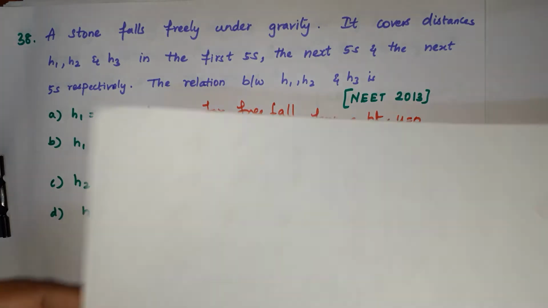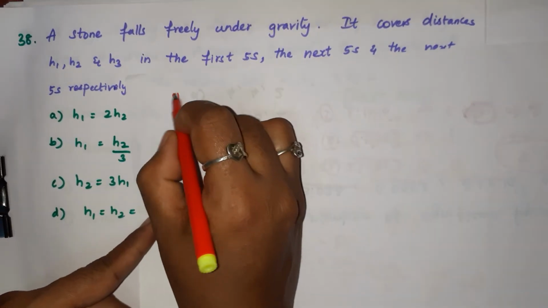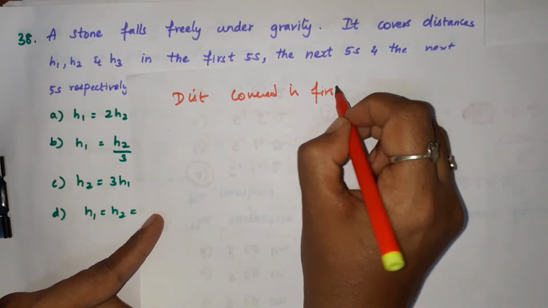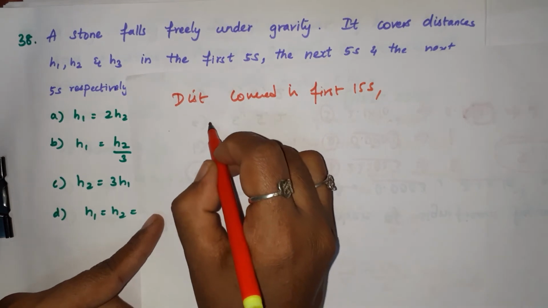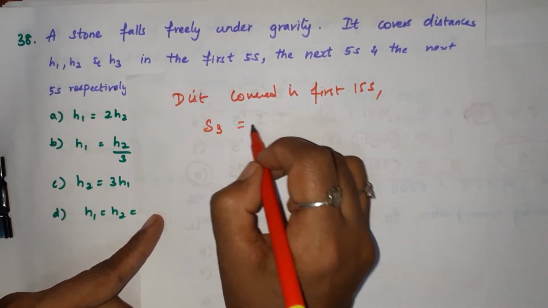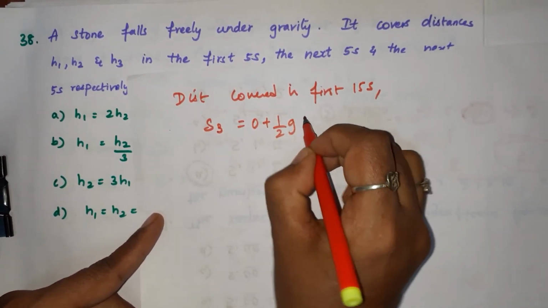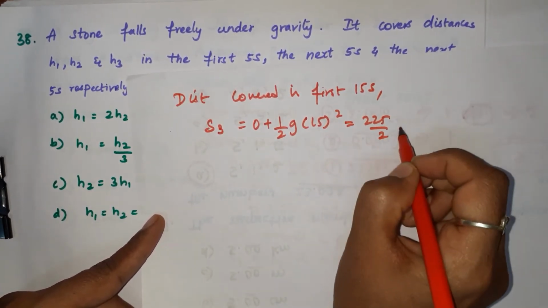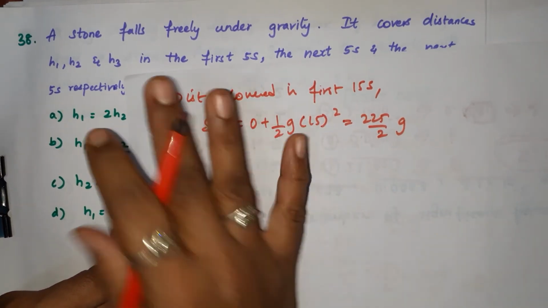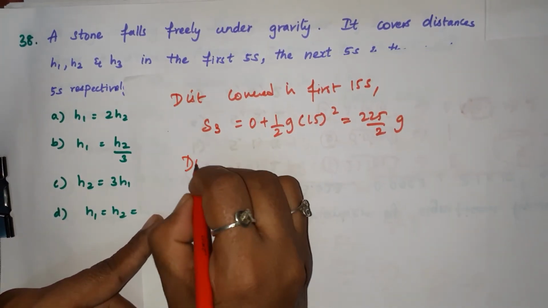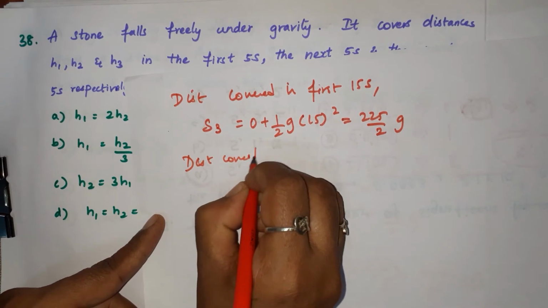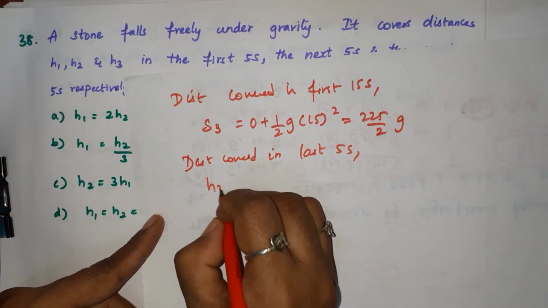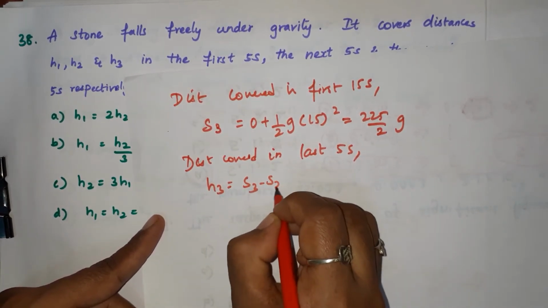So from this, what is the distance covered in first 15 seconds? That is S3. Now we'll take 0 plus half g into 15 square, which gives 225 by 2 into g. So what is the distance covered in last 5 seconds? We know the formula, that is h3 equal to S3 minus S2.